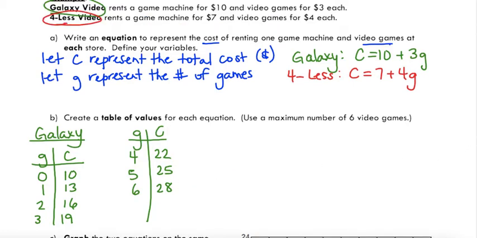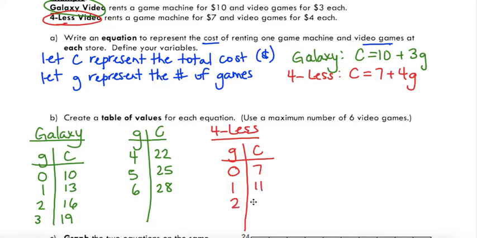Now I'm going to come up with a table of values for Less Video. So again, I'm going to look at the number of games I rent versus the total cost. So if I don't rent any games and I just rent the video game machine, it's going to cost me $7. If I also rent one game, I add $4 to that. So 7 plus 4 is 11.